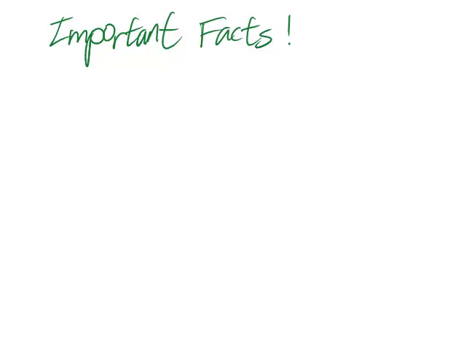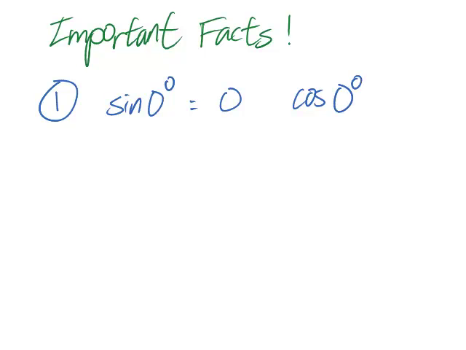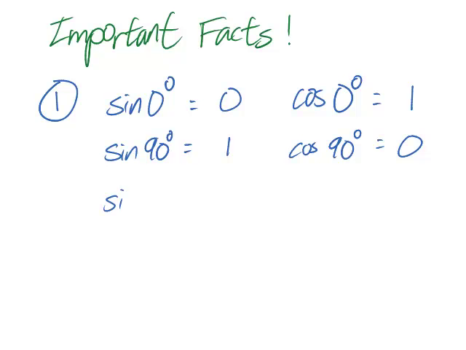Well, number one, the one thing we learned is that sine of 0 degrees is 0. Remember, that's when the opposite side collapses, and cosine of 0 degrees is 1. And then sine of 90 degrees is 1, while cosine of 90 degrees is 0. Sine of 180 degrees is 0.